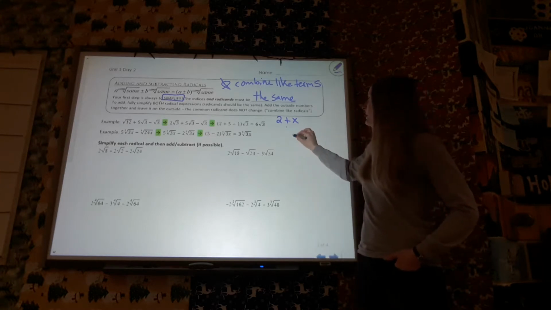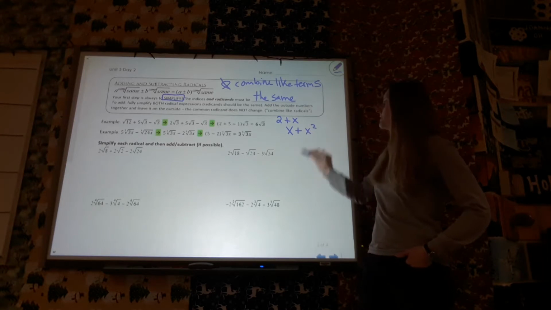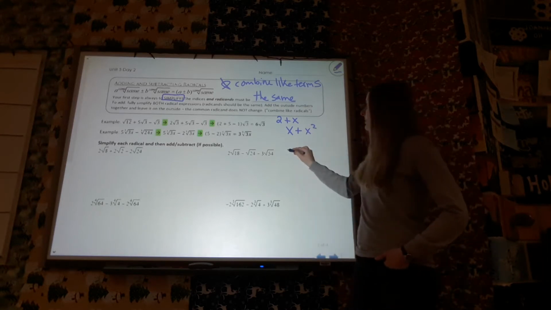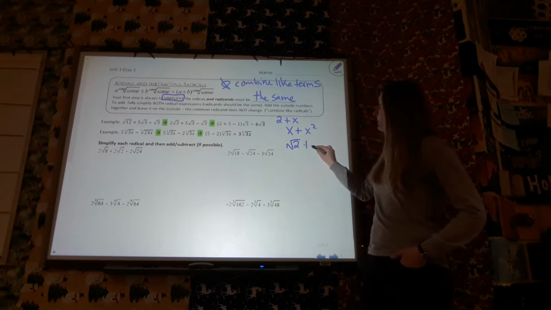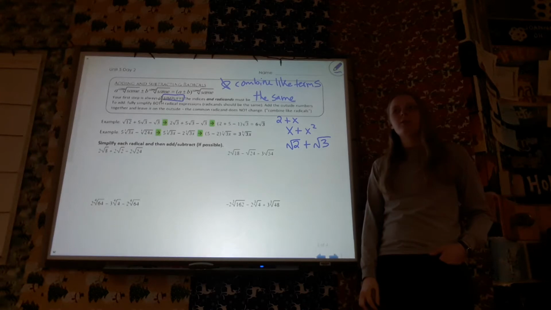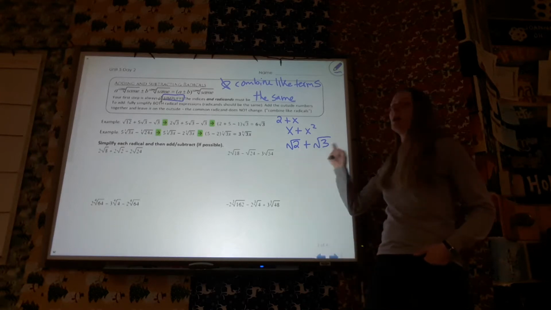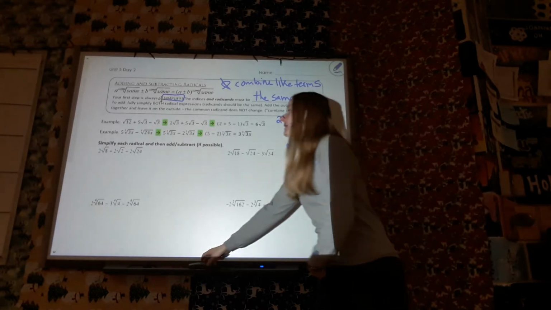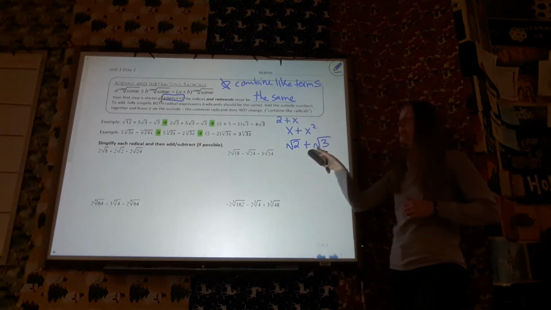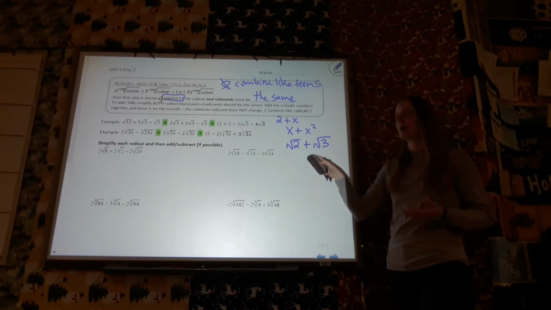What if I had x plus x squared? Would I call that x cubed? No, because they're not like terms. Same thing as if I had square root of 2 plus the square root of 3. Would I be able to call that the square root of 5? No, because they're not like terms. So that's what I'm really talking about, that same idea. You guys are really easy to catch that on these two examples. We're going to apply that the same way with radicals, okay?